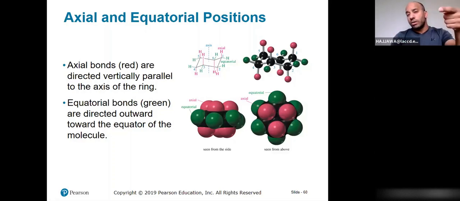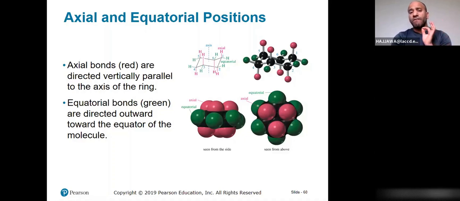One of them is a hydrogen that's axial, and one of them is a hydrogen that's equatorial. If you look at carbon number 1, you have 1 axial, 1 equatorial. If you look at carbon number 2, equatorial and axial. Carbon number 6, carbon number 5, any of those carbons, you'll always see the 2 types of bonds. One is axial and one is equatorial.